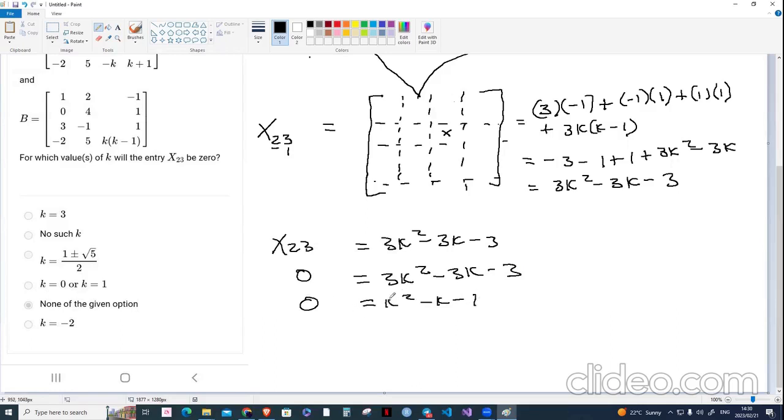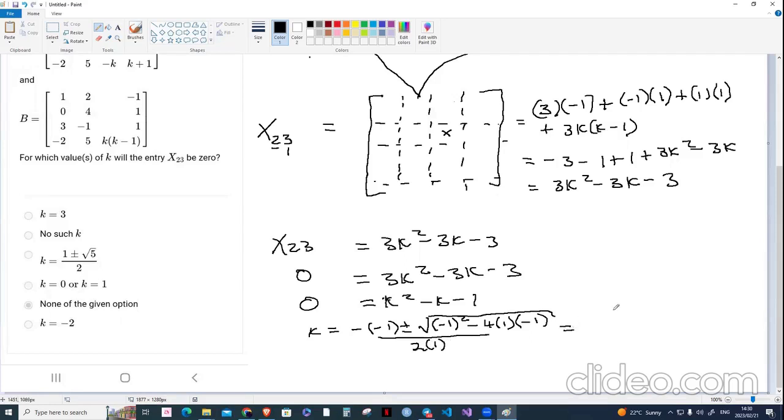And if you solve this, I'm going to use the quadratic formula: minus b plus or minus the root of b squared, in this case 1 squared, minus 4ac, where a is 1 and c is minus 1, all over 2 times 1.